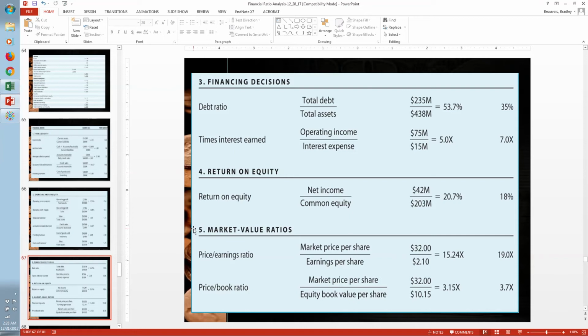We want to be able to take some of these and look at them longitudinally across time. We want to know, is the organization getting better or worse? When we only look at a single financial ratio, let's say the debt ratio in this case, 53.7%, when our industry average is 35%, well, this doesn't look too good.